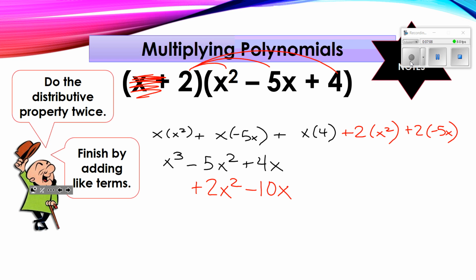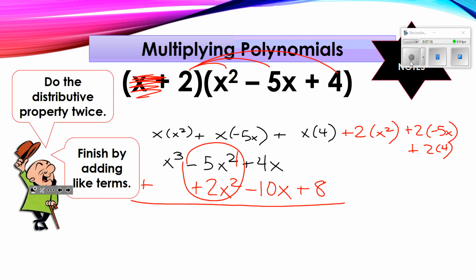And then at the very end, we have 2 times 4, which is 8. And it's going to go over here. And as I do this, you'll notice, since we have to combine our like terms, they're already lined up really nicely for me. So my final answer would be x cubed minus 3x squared minus 6x plus 8. So that is one way that you can do a binomial times a trinomial.